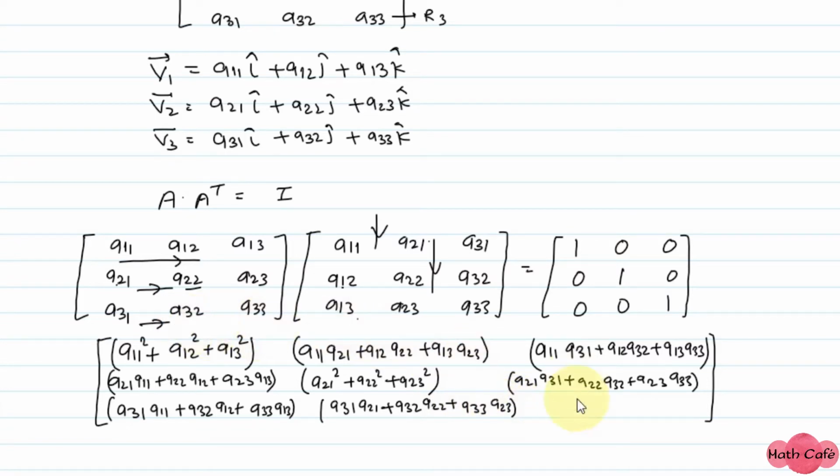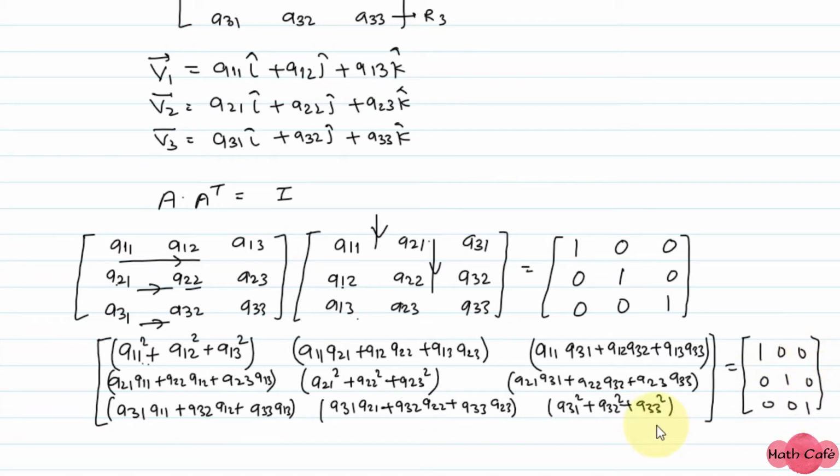For the last element we multiply R3 by column number 3, so finally we get A31 square plus A32 square plus A33 square. All right, so this is nothing but the identity matrix 1 0 0, 0 1 0, 0 0 1.